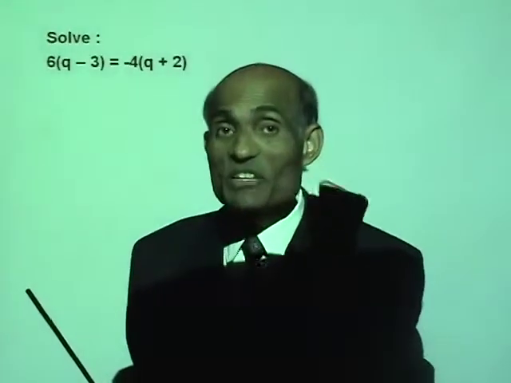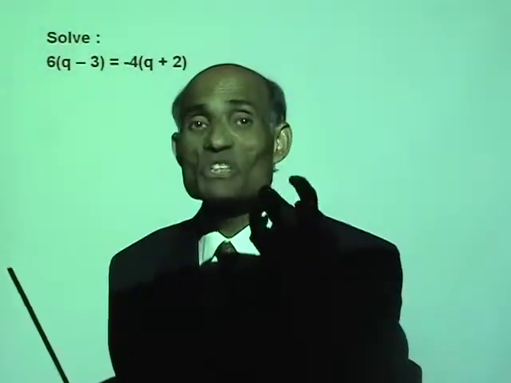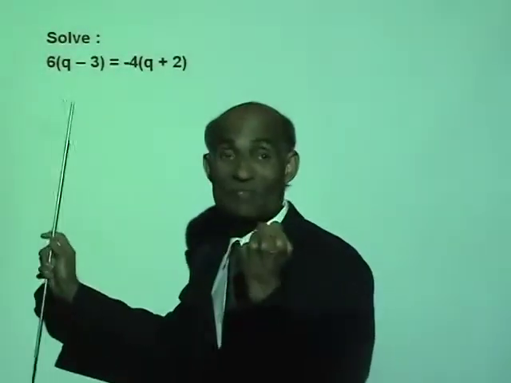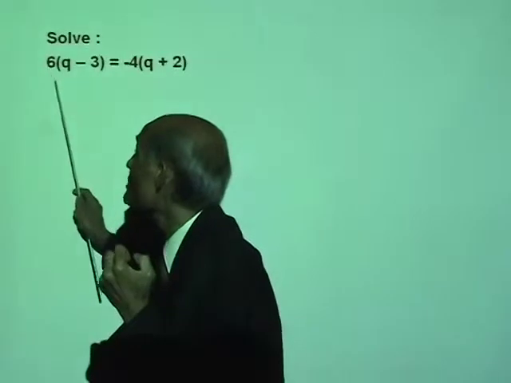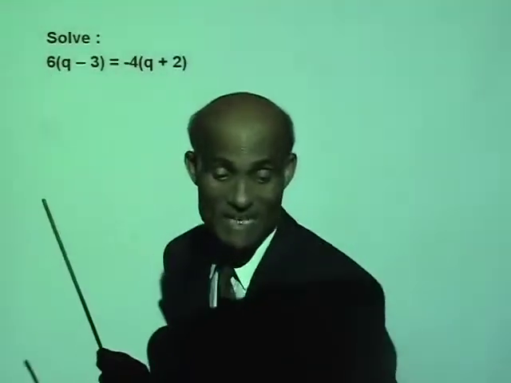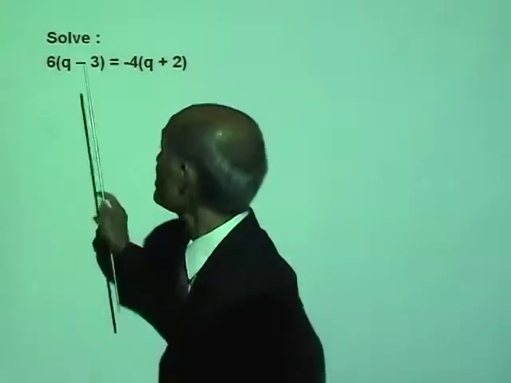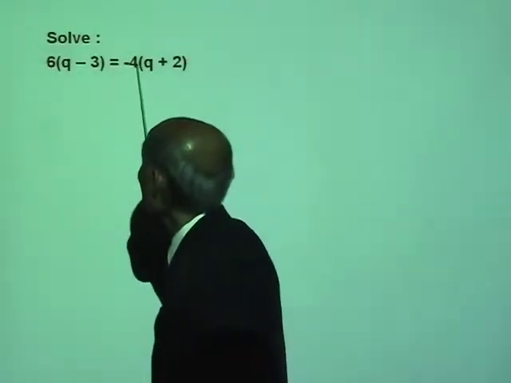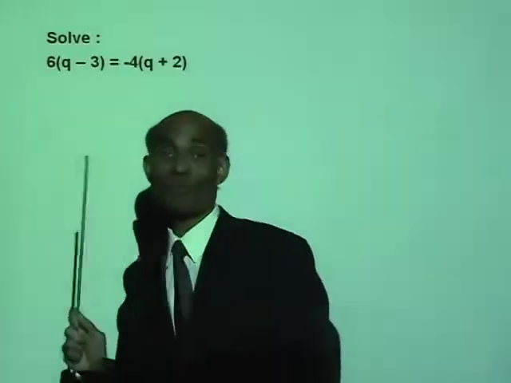Write each side of the equation using simple terms. Now here, you can actually do that by distributing. That is what that statement actually means. So distribute this 6 on the left and distribute the negative 4 on the right.